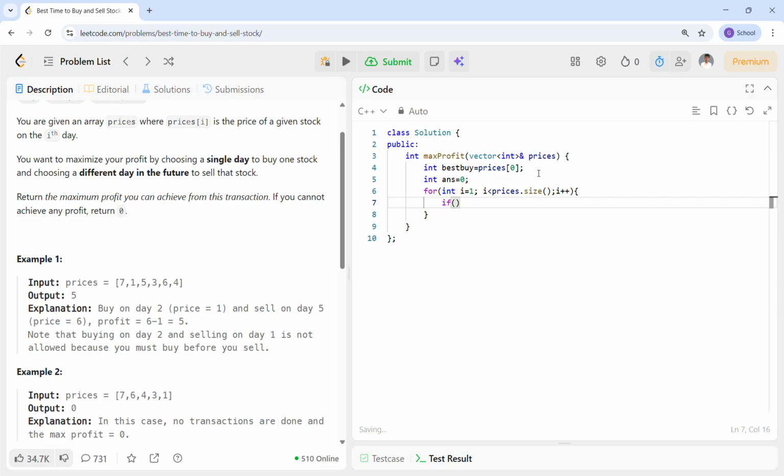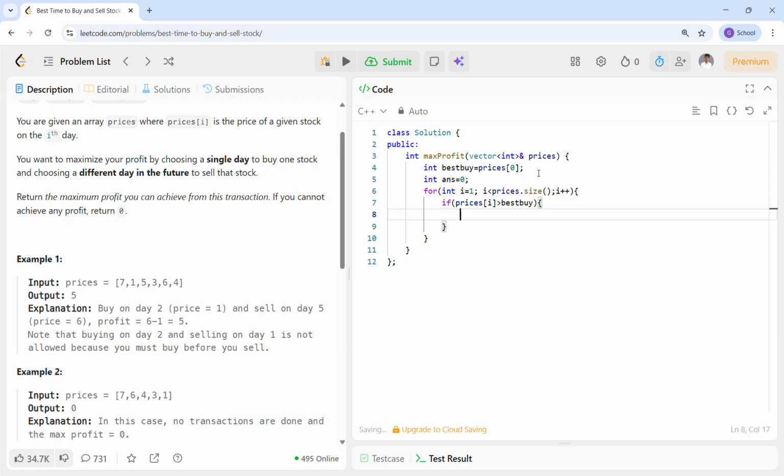Now what we have to check is whether the price on every day we are checking is the maximum or not, right? If we get the maximum price, we'll include it. So we'll see if the price at i is greater than best buy, because only then can we have profit, otherwise we won't.